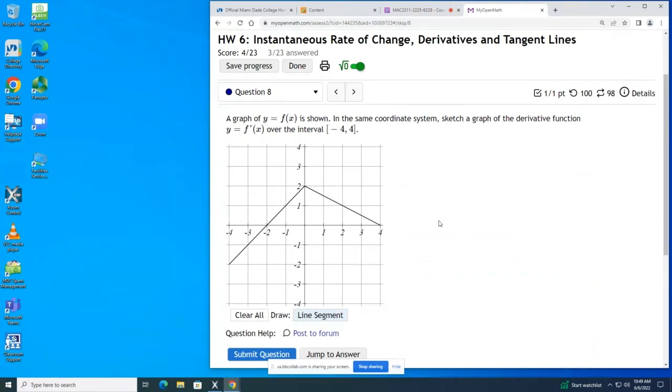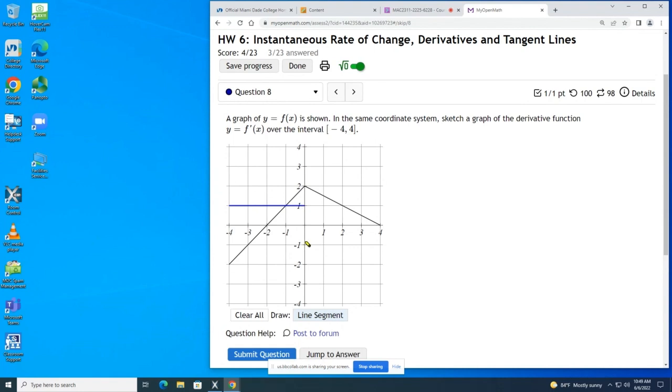Does that make sense? So, to the left of 0, let's look at this piece of the line. What's the slope? 1. Just do rise over run, right? So, if you go from here to here, you do 1 over 1. So that's the constant function 1. So, to the left of 0 it is 1.